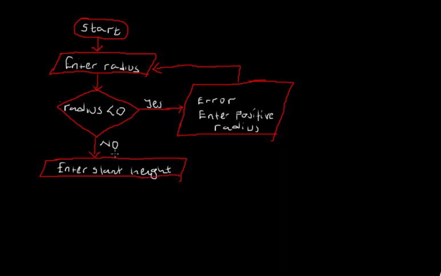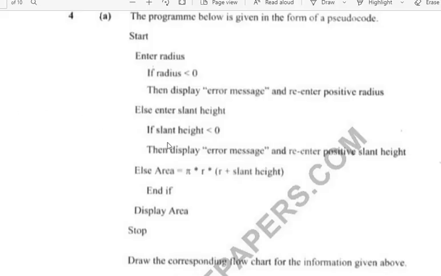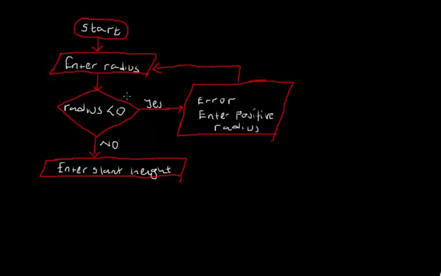Enter slant height. Then what follows after entering the slant height is, if slant height is less than 0, then display error message and re-enter positive slant height. So we're going to have the same things that we have down there. So we're going to have slant height. Let's write it in white.